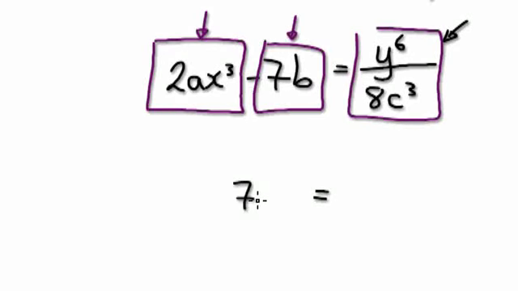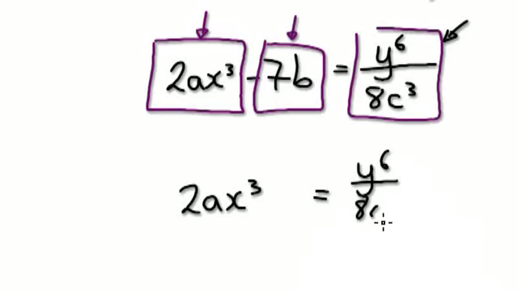So we are adding 7b to both sides. So it will be 2ax to the power 3 and y to the power 6 over 8c to the power 3 plus 7b.